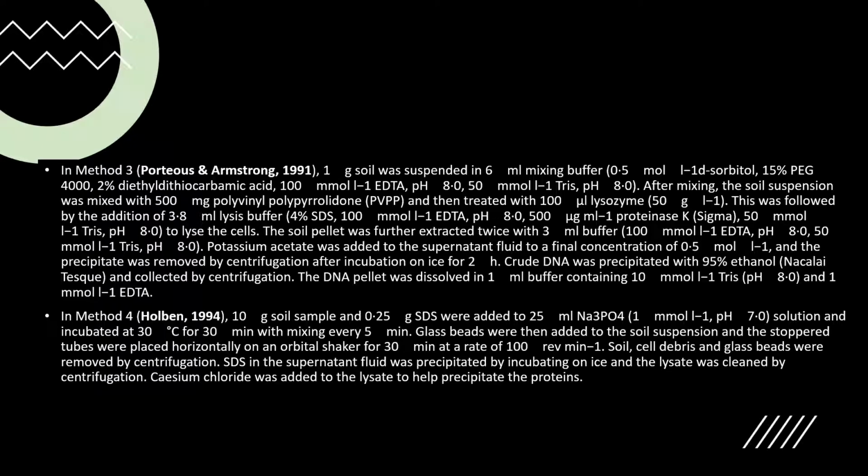Soil cell debris and glass beads were removed by centrifugation. SDS in the supernatant fluid was precipitated by incubating on ice and the lysate was cleaned by centrifugation. Calcium chloride was added to the lysate to help precipitate the proteins.